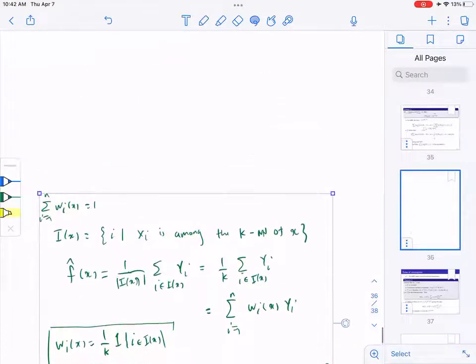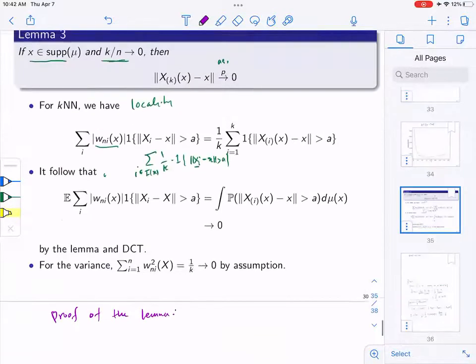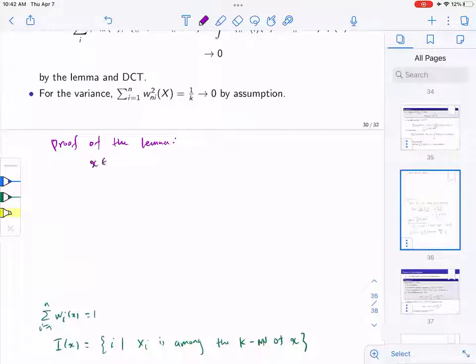Proof of the lemma. So what I want to prove is, take x in the support of the distribution. The support has different definitions, like the smallest closed set such that with probability 1, X belongs to it.